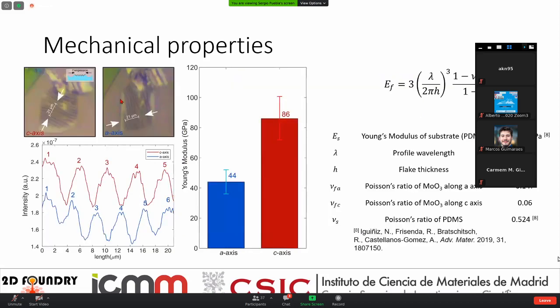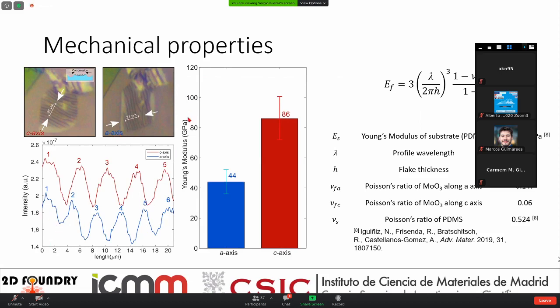So looking at these ripples and doing these ripples along the 2 axes that we're interested in, you see that the profiles, the wavelength of the profiles along the two directions are different. In fact, the ripples along the a-axis are the shorter ones.